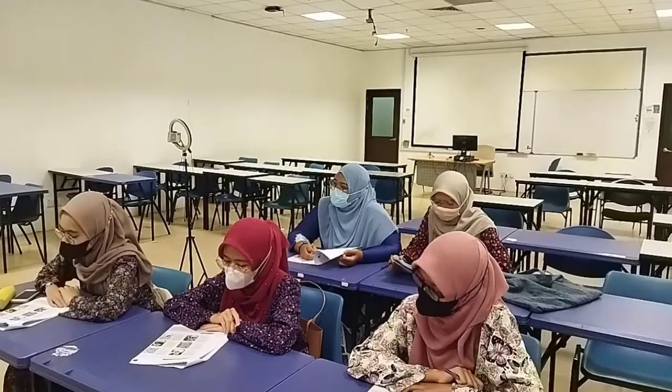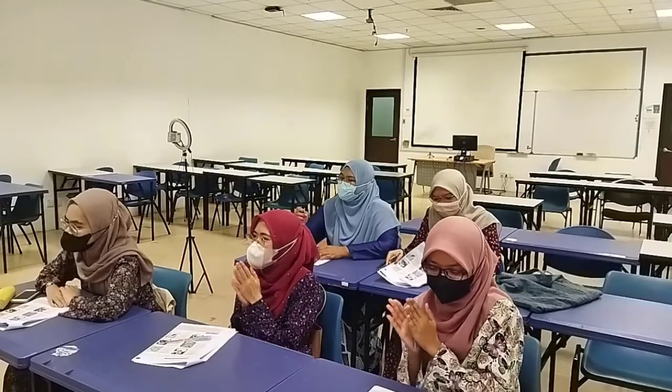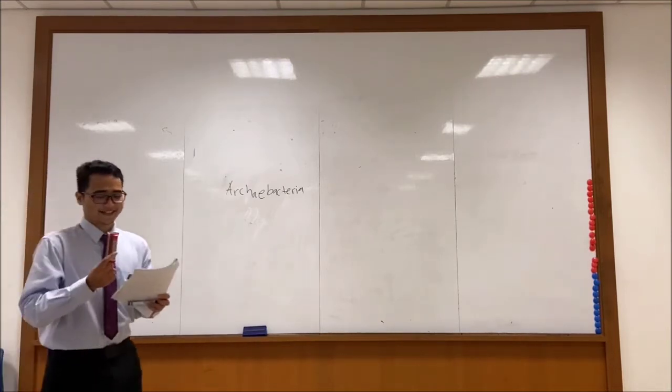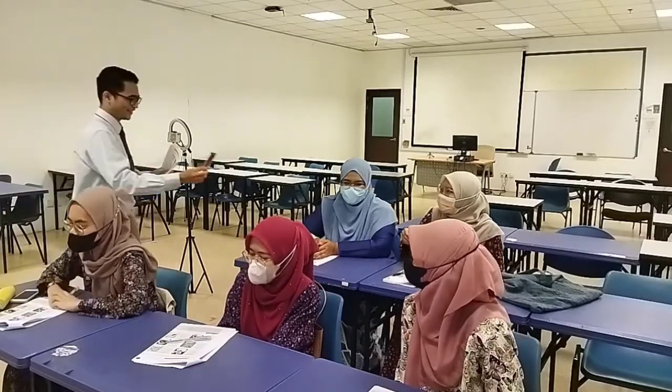I think that prokaryotes are organisms that do not have a true nucleus or membrane-bound organelles. Yes, that's correct. Well done. You have answered it correctly, so I will give you a reward. Take this. Thank you, sir. You're welcome.